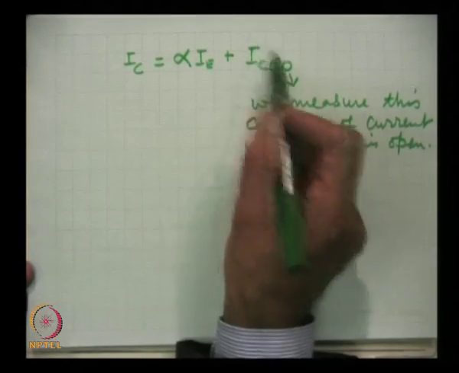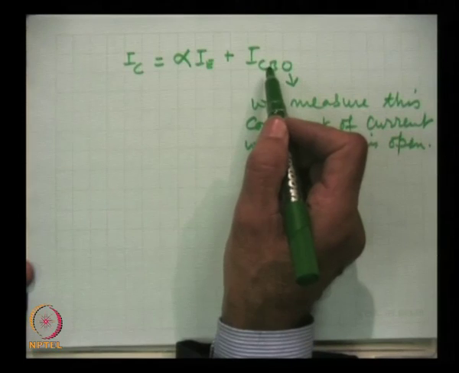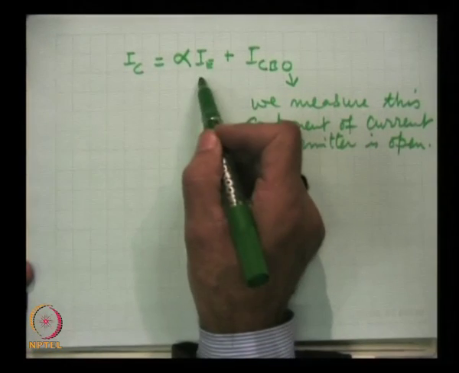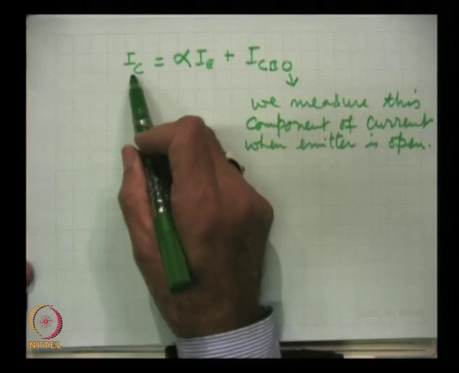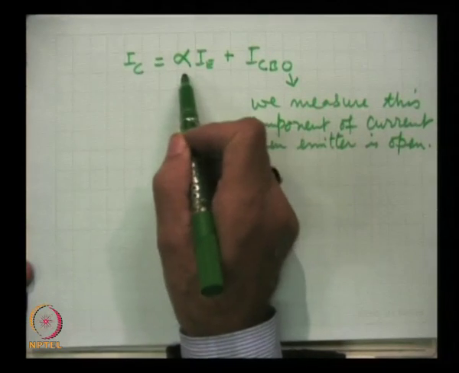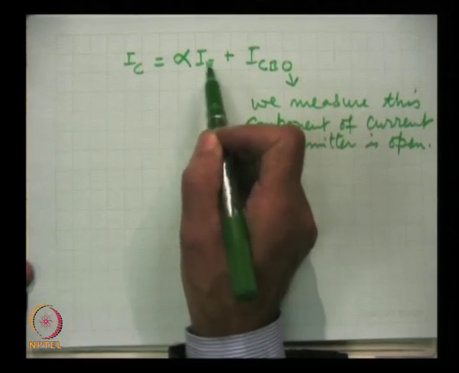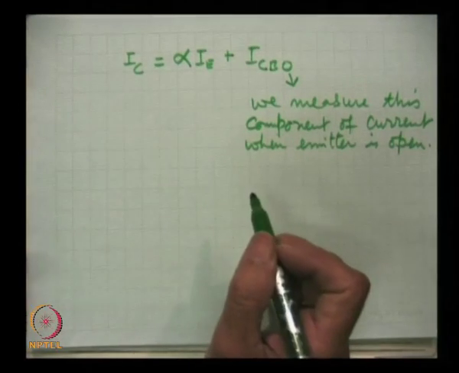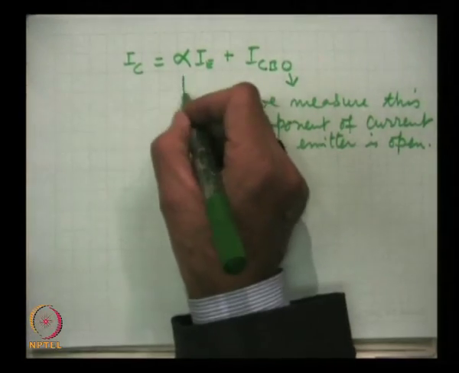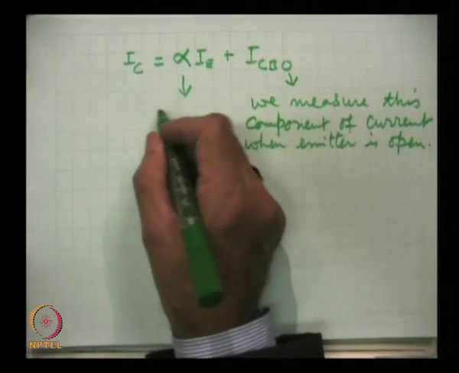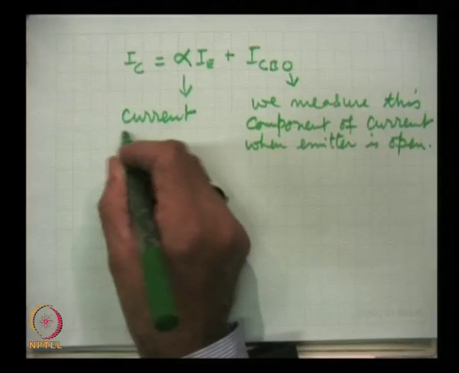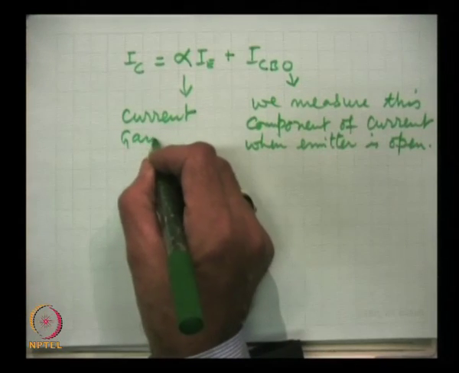This is a very small component, at least 2 orders of magnitude smaller than the first part. So, basically the collector current is alpha times IE, and alpha, as we will see, is one of the gains, the current gain actually, and we will be soon talking about this in more detail.